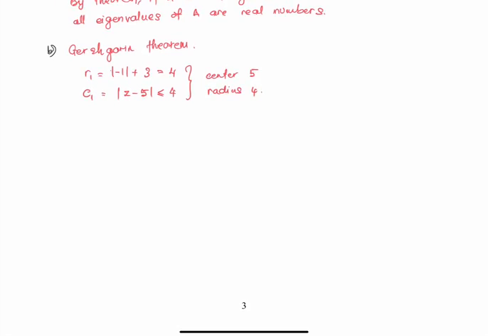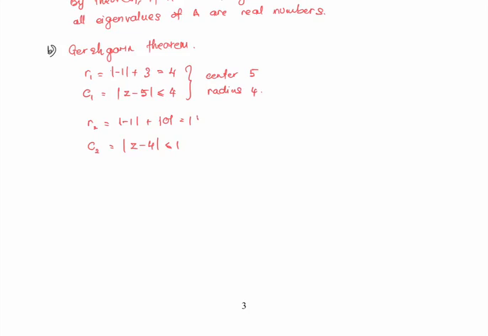And then we go to the next row, R2, where we find our radius, which is the summation of the elements that are not on the diagonal. So we have -1 plus 0, and then we have 1, while for the center, |z - 4| is less than or equal to 1.